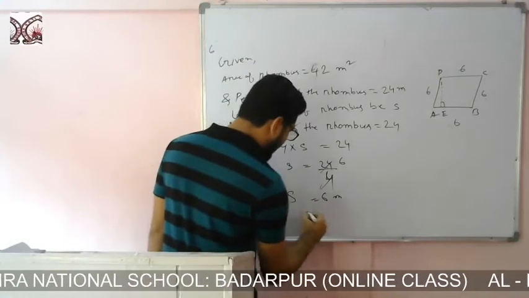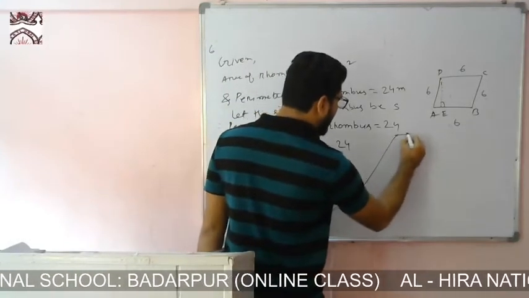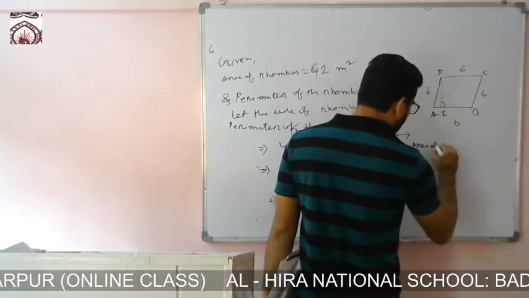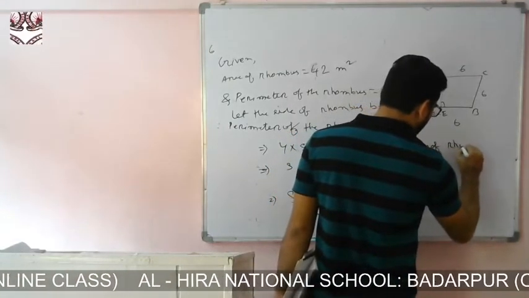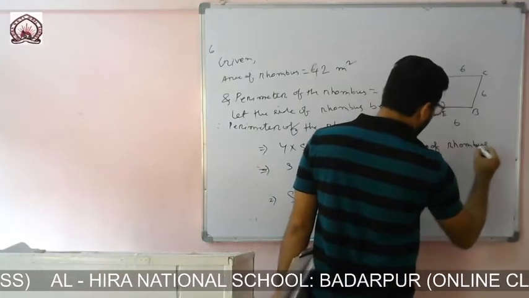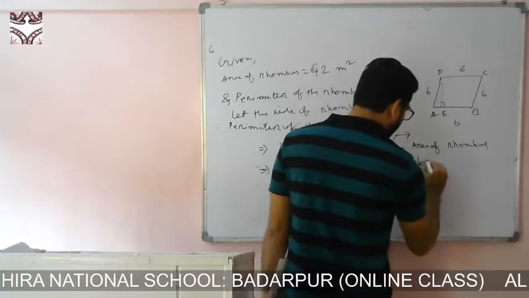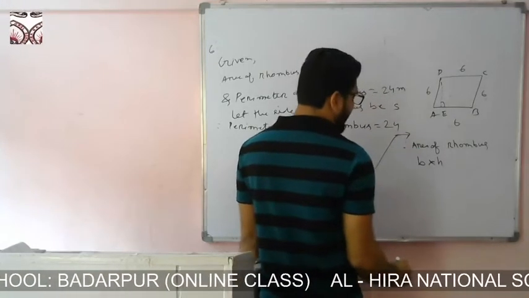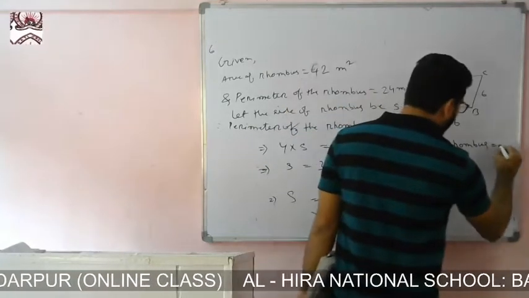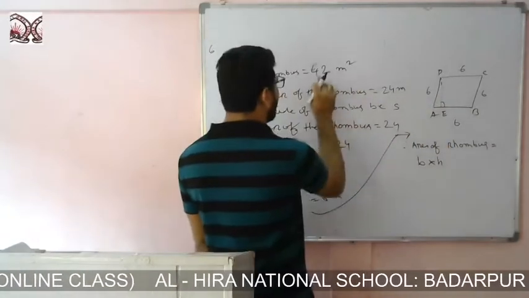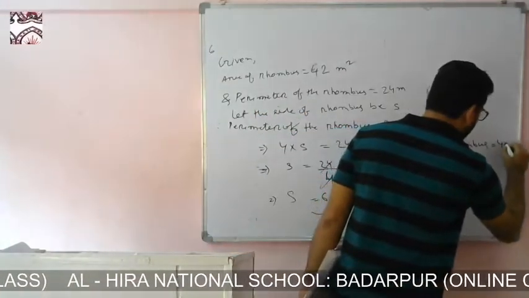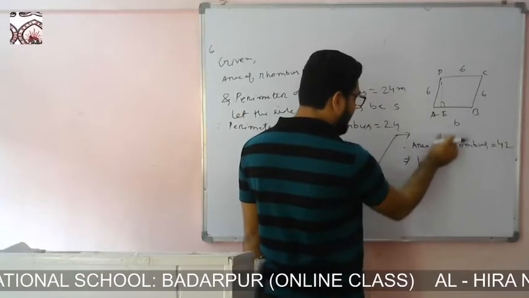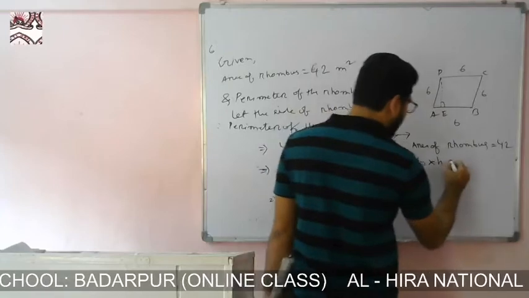Therefore, area of rhombus will be base into height. Here the area of rhombus is given as 42, so write 42, and here I can write base into height, because the area of a rhombus is equal to that of a parallelogram, as I said earlier.